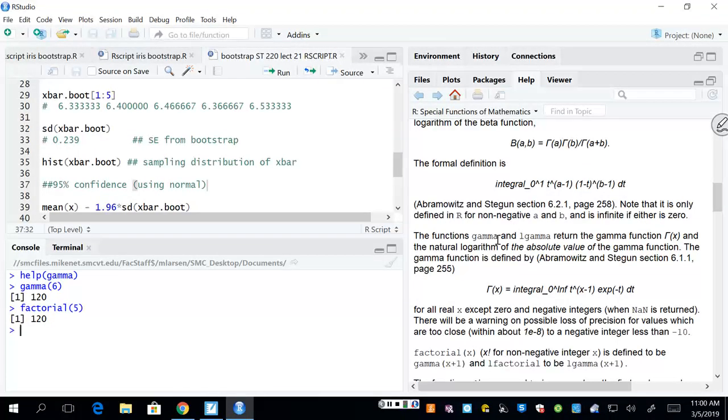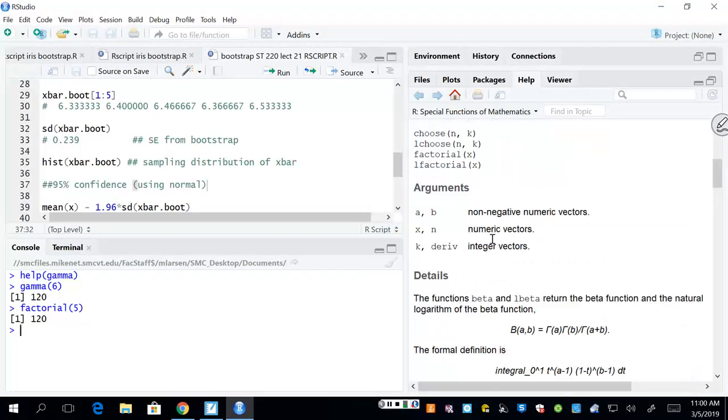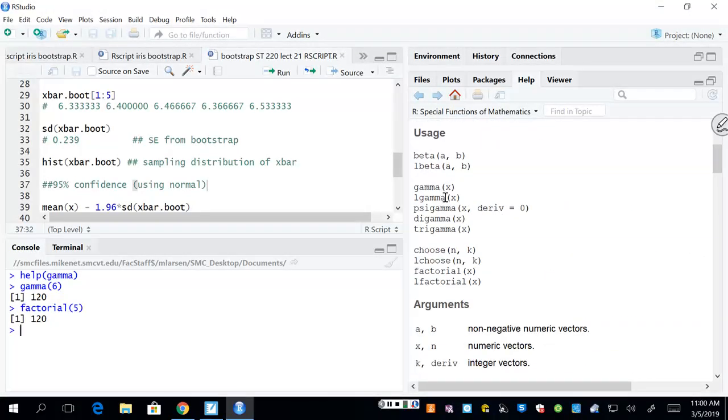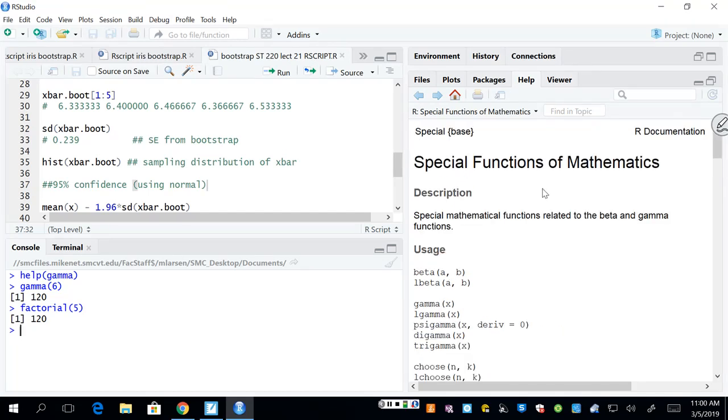Gamma, like the factorials, grows very fast, so a lot of times it's evaluated on a log scale. If you're taking the differences between gamma functions or ratios, they often do it computationally in terms of log because these things grow so much. So anyway, these special mathematical functions are in there.